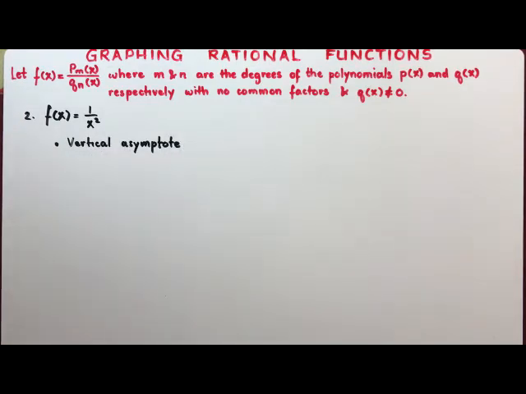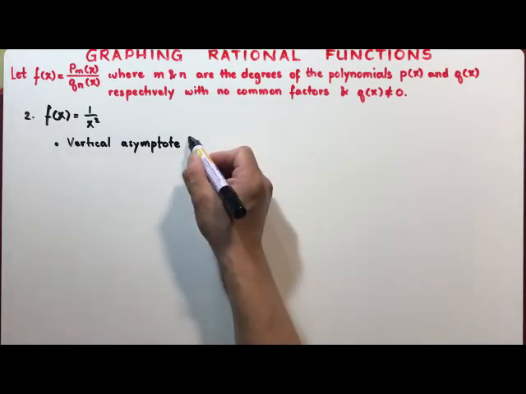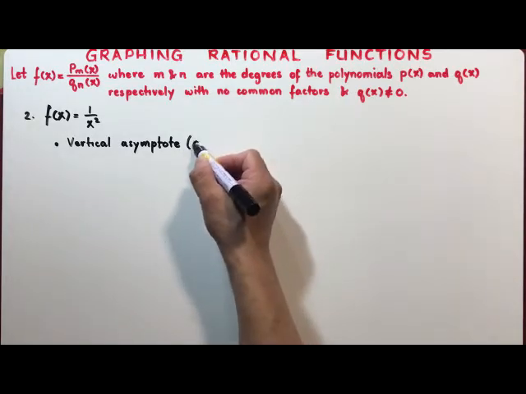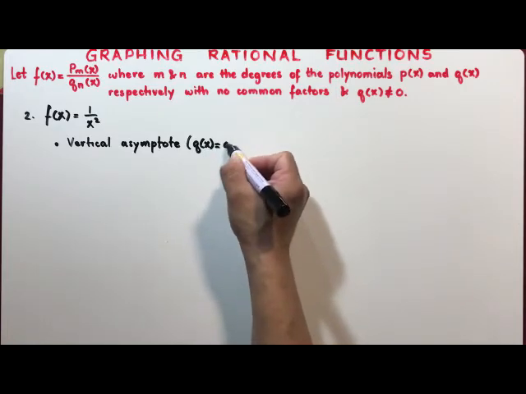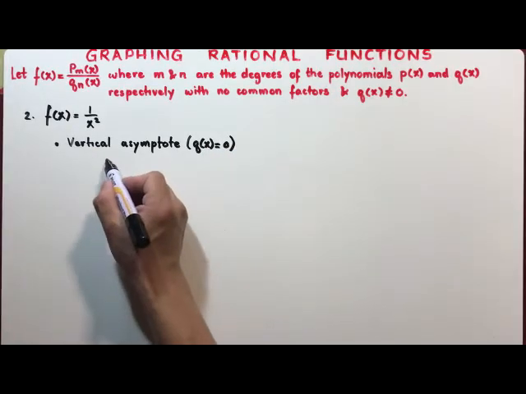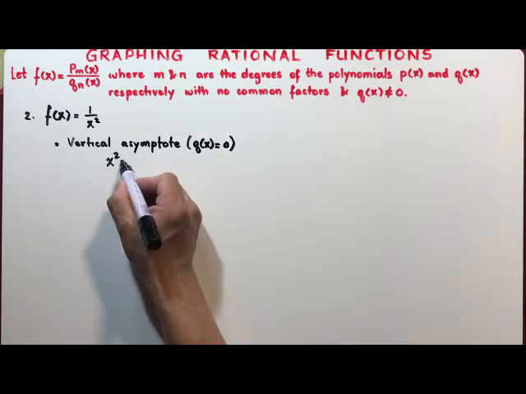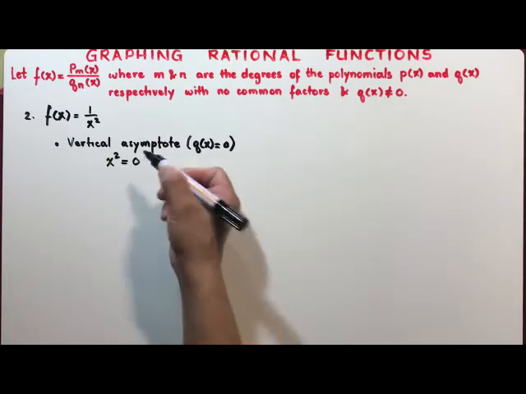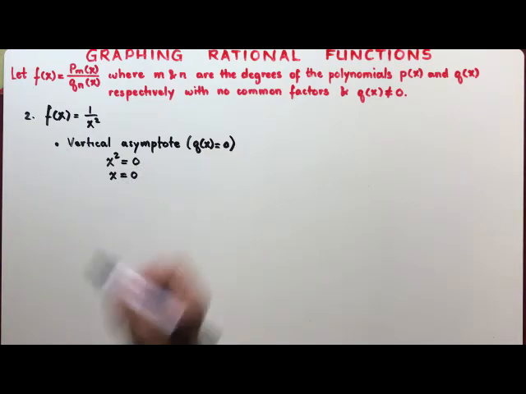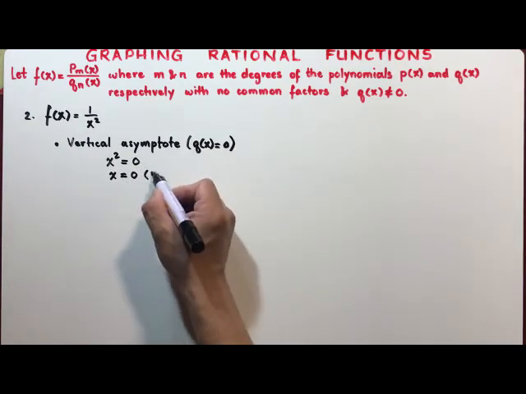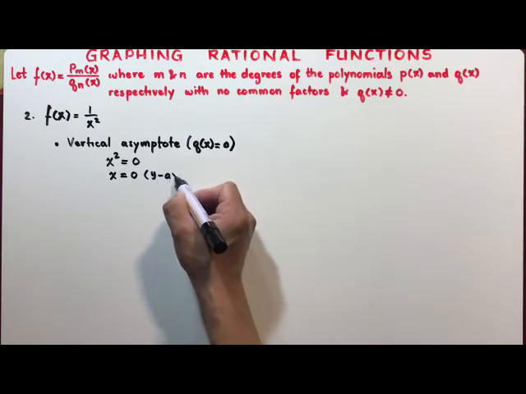So how do you find the vertical asymptote? We can find the vertical asymptote by setting our polynomial in the denominator to 0. So our denominator is x squared. This is equal to 0. So therefore our vertical asymptote is 0. And this is actually our y-axis.